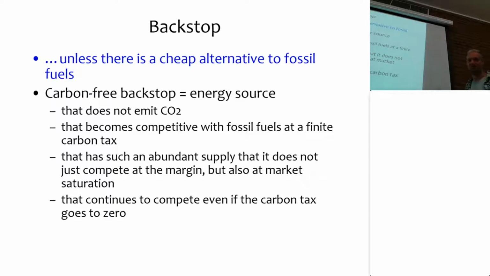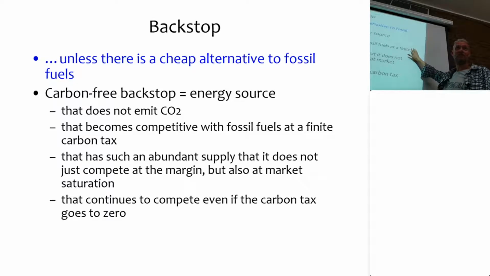And what is a backstop technology and how does it change the picture? Well, a backstop technology is a carbon-free source of energy. We know that those things exist, right? So we have a source of energy that does not emit CO2. That's not a strange assumption. And you also need to assume that at some point that particular source of energy becomes competitive with fossil fuels.